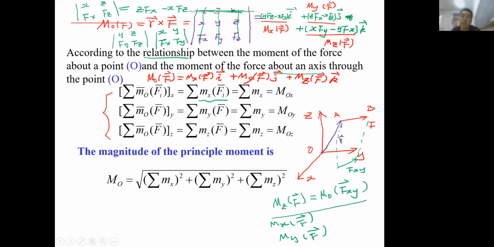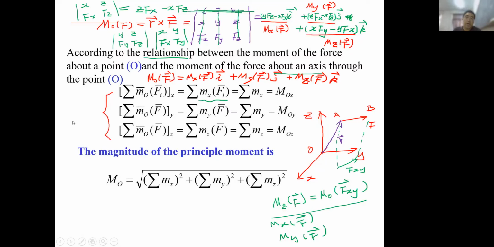Then you only need to calculate this three by three determinant. So just use this, and we can find the three moments about three axes. See? So the magnitude of the principal moment equals this, right?